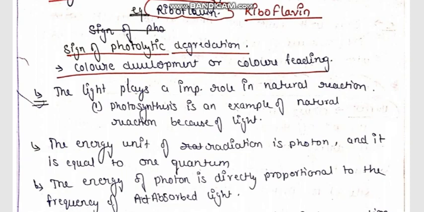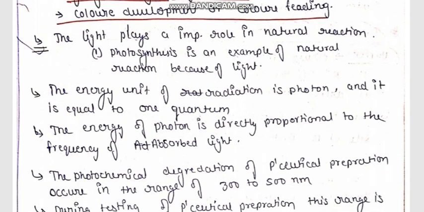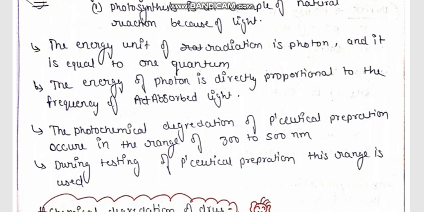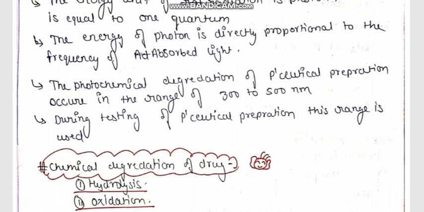The energy unit of radiation is the photon, and one photon is equal to one quantum. The energy of a photon is directly proportional to the frequency of the absorbed light.